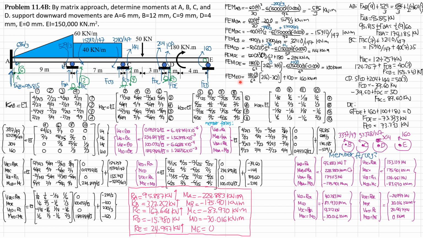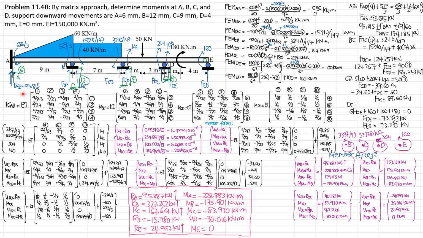And finally, fixed moment ED, M A, 180 times A, 2 meters, over L square, quantity 2 times 6 minus 3 times A, 3 times 2. So this is 60 plus 100, support moment due to side sway, so 160 kilonewton meter. So it is positive, it is clockwise here. Take note that these are fixed end moments.